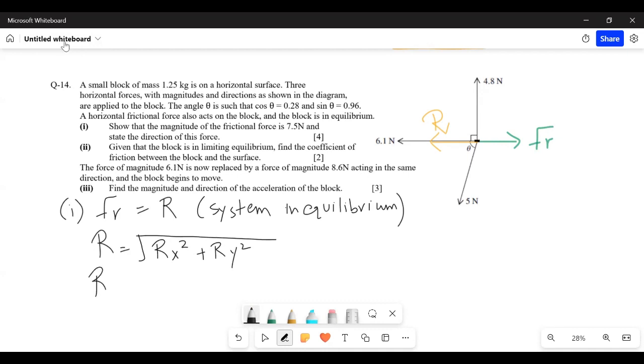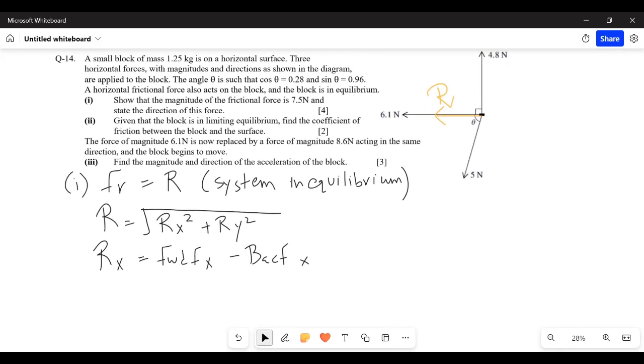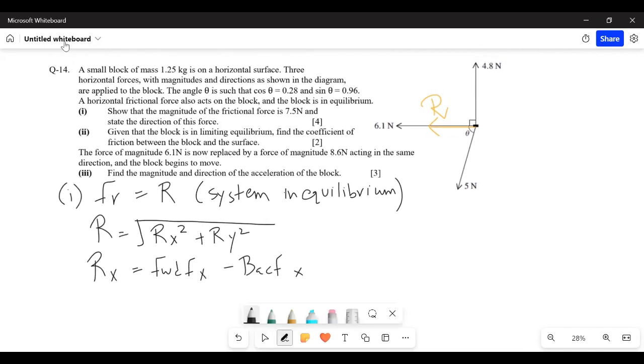Rx हमें पता है, forward force in X direction minus backward force in X direction. Okay. अभी we're going to ignore this force क्योंकि हम इन तीनों का खाली रिजल्टेंट निकाल रहे हैं. So forward एक तो हो गई 6.1 न्यूटन की फोर्स in the X direction. फिर X direction में इसका component होगा 5 न्यूटन का component होगा.